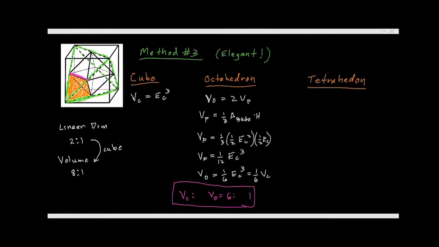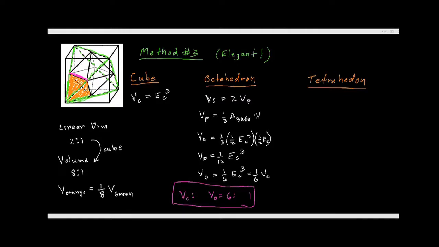It means that the volume of the orange tetrahedron is 1/8 of the volume of the green tetrahedron. Did you follow that? I take the green tetrahedron and I chopped off the corner. I just chopped off 1/8 of it.